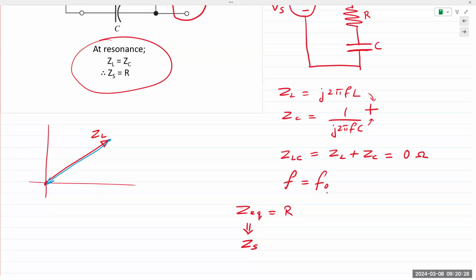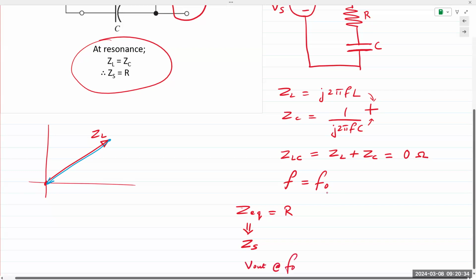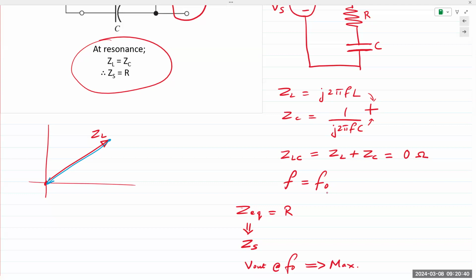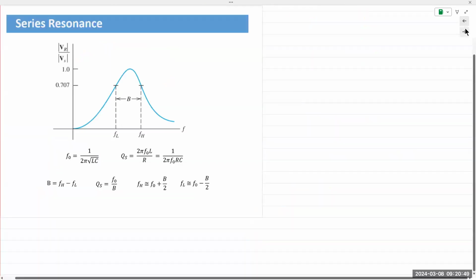Okay, output at that frequency, V out at f0 would be maximum. And that particular frequency, f0, is labeled or noted as the resonant frequency.